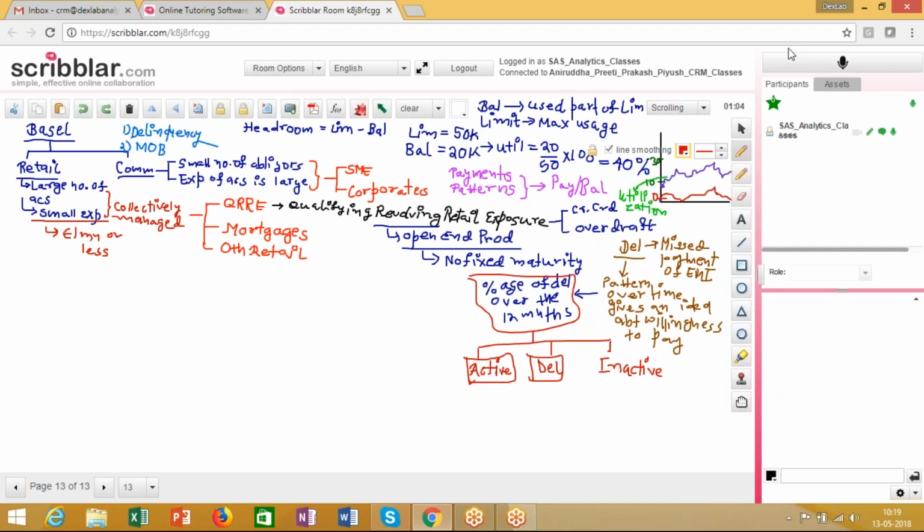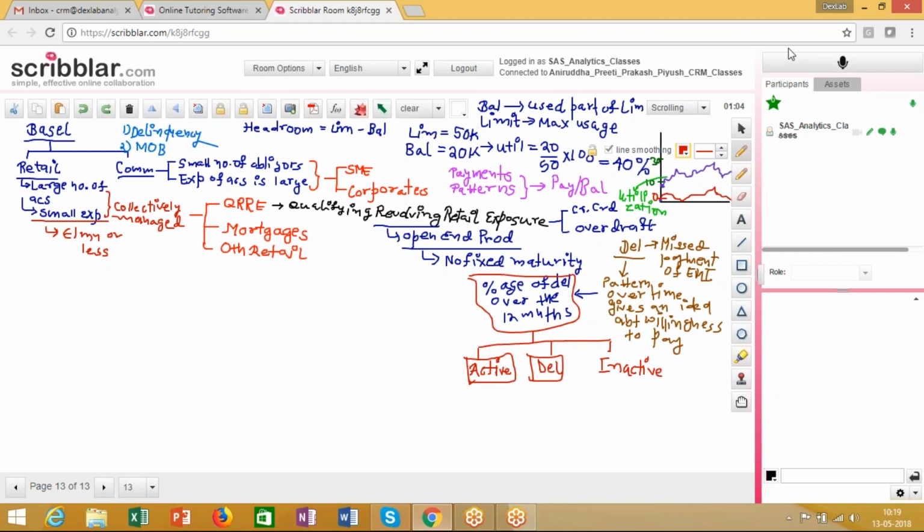Basically, when you are developing a probability of default model, especially for a retail portfolio, you need to understand which of the borrowers are seasoned borrowers versus which are unseasoned borrowers.